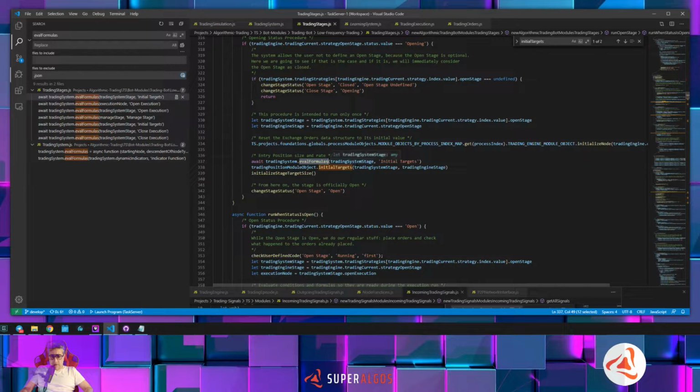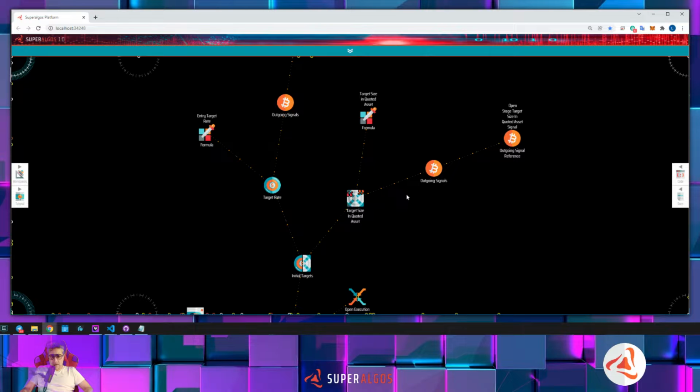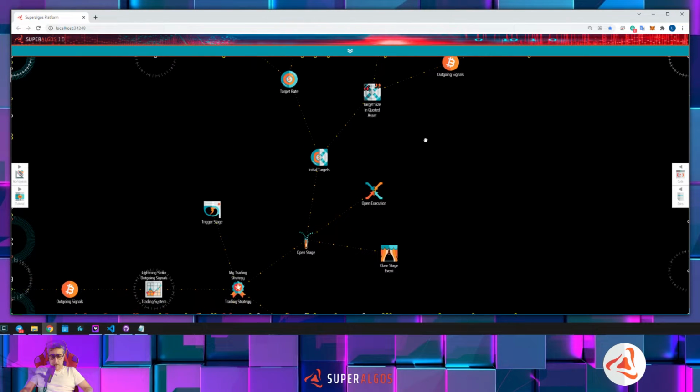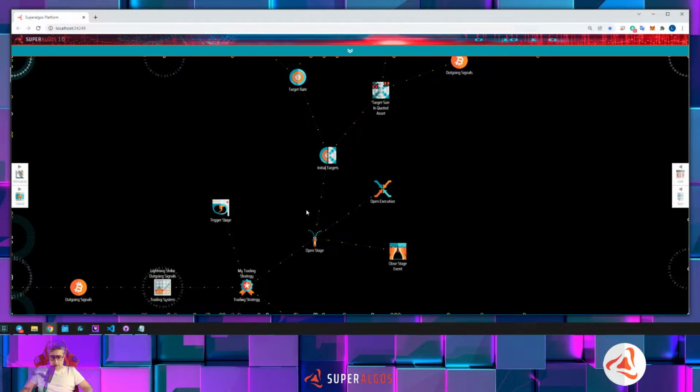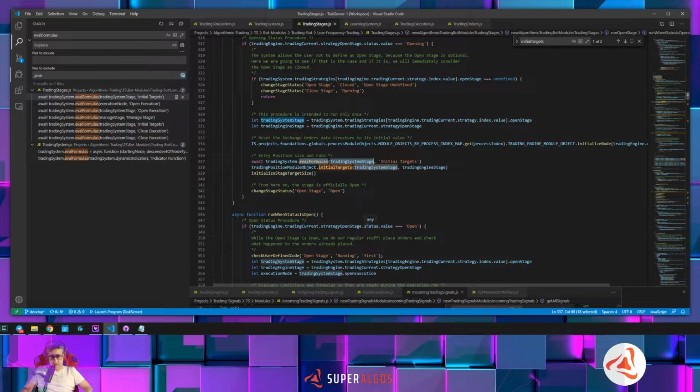Trading system stage. Why is this given trading system stage and not directly initial targets? This is the stage and this is the target. So why do I need to crawl the whole structure if I want to evaluate only this stuff? That's my question.